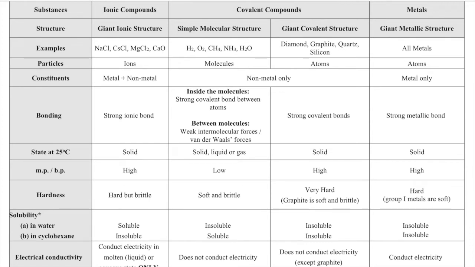But now I want you to focus on the properties. Why are the properties important? Because sometimes when we are given an unknown substance, we can use a property to predict what kind of structure it has. We need to find the unique feature for that substance, and then we can try to predict what kind of structure it has.